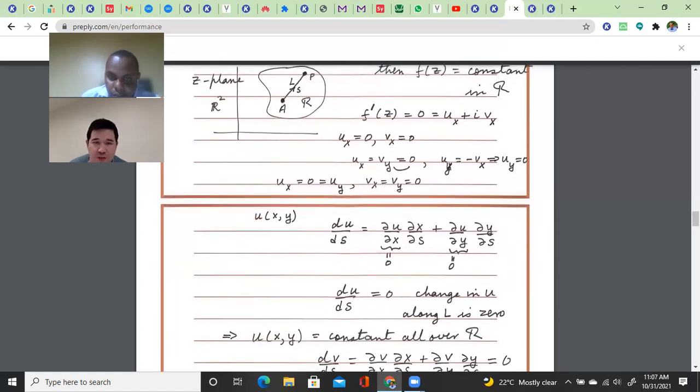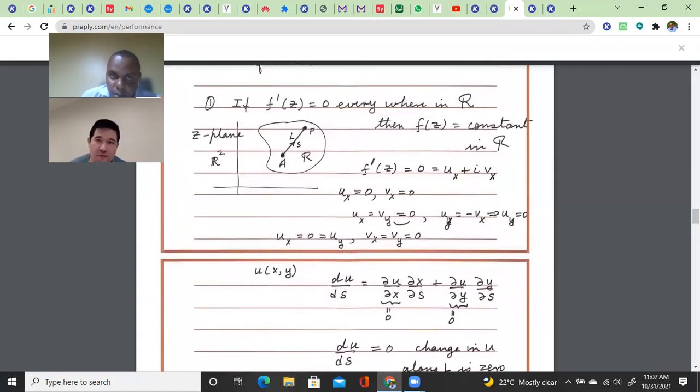He's saying when the derivative of this function is 0, then the function itself is going to be a constant function.